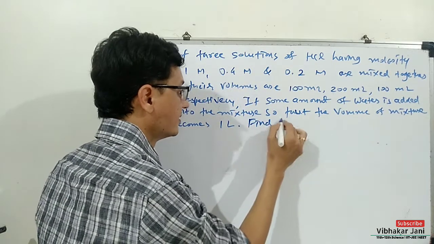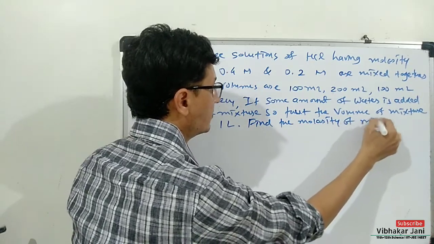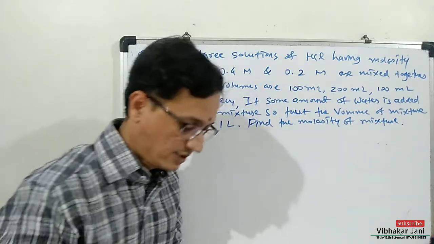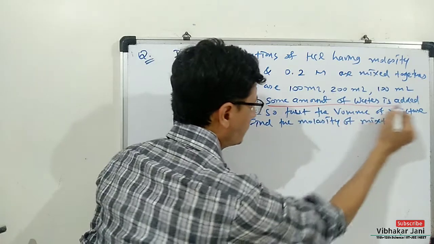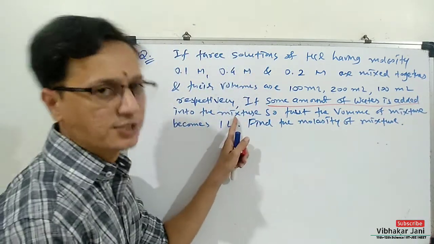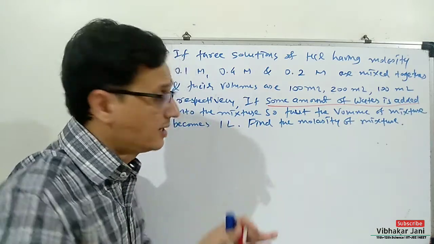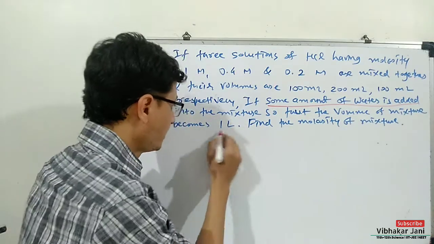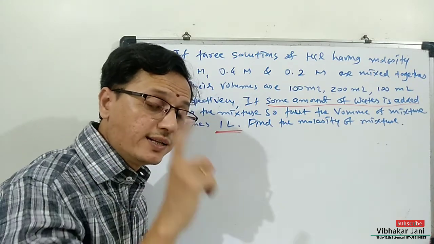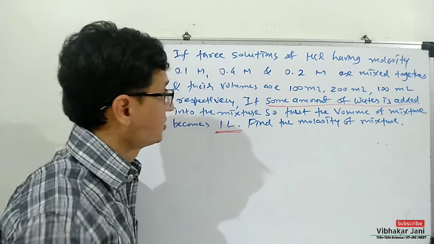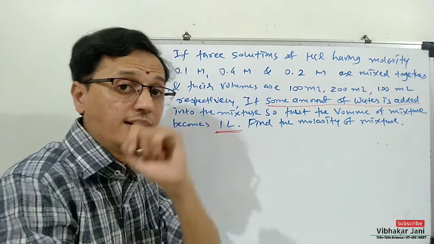Find the molarity of mixture. Now this is the little modification. Here some amount of water is added into the mixture, and after adding some amount of water into mixture, the volume of that mixture becomes 1 liter. Now we are going to find the molarity of a mixture having 3 different solutions, which volume is 1 liter.